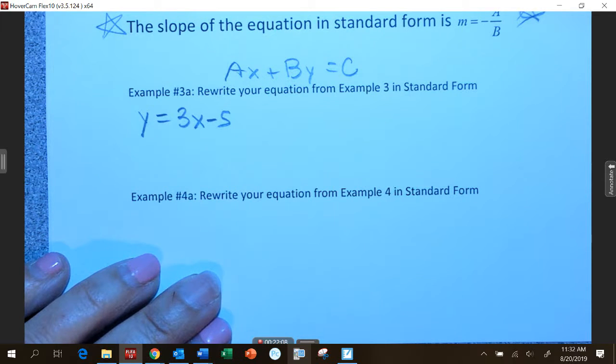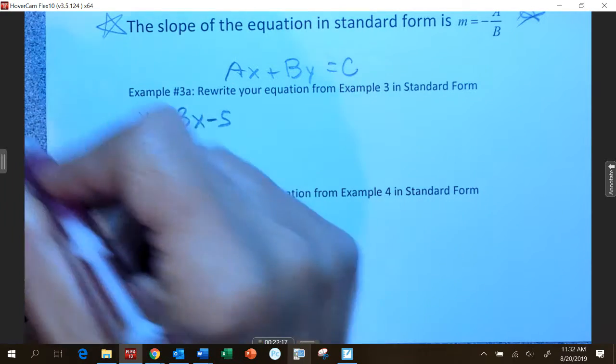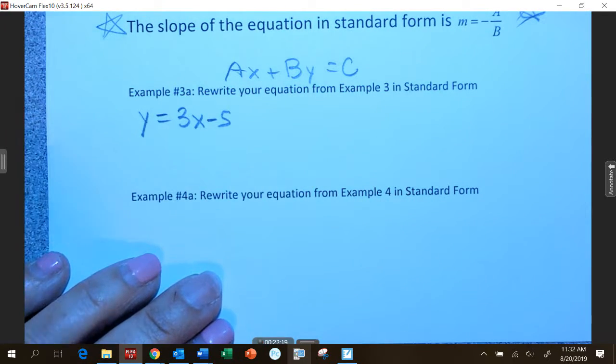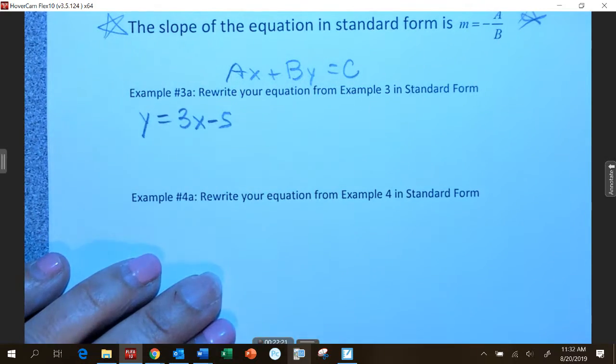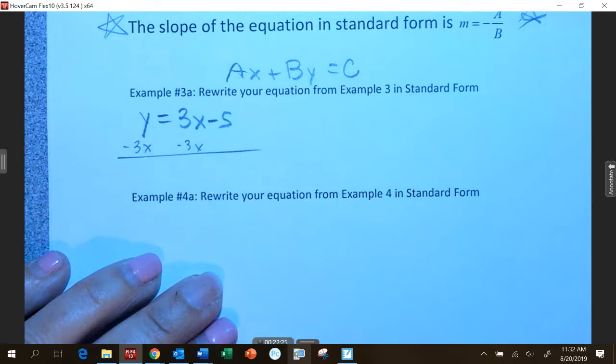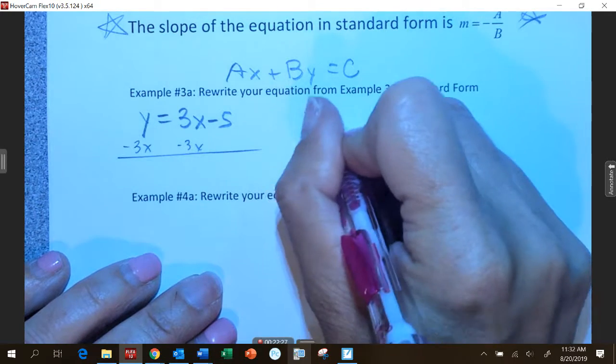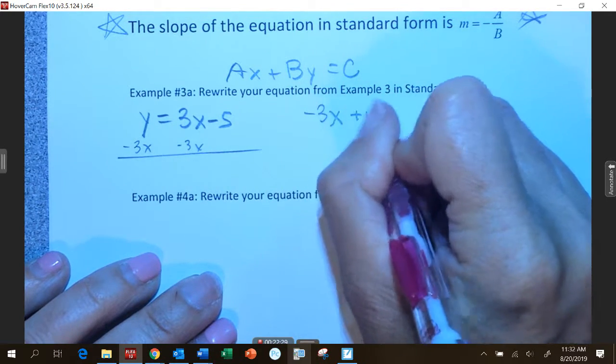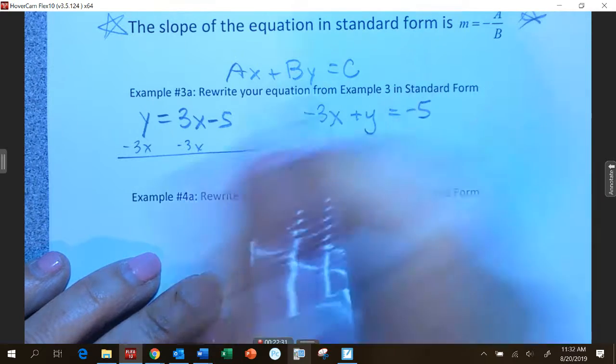Michaela, do you know anything I should do? Yeah, but I can't just write it first. What do I have to do to mathematically get it over there? Subtract, yeah. So we're going to subtract that, and I'm going to get negative 3x plus y equals negative 5.